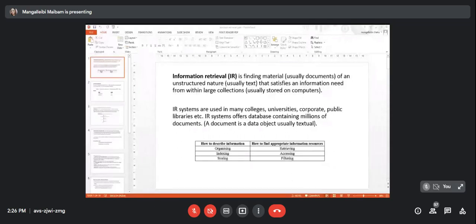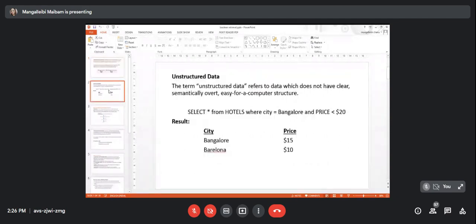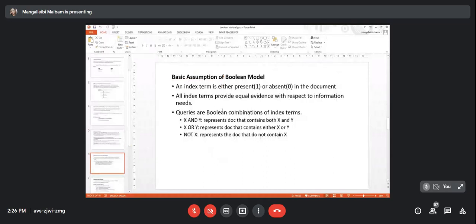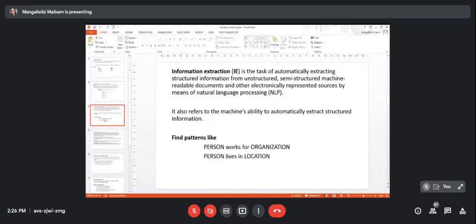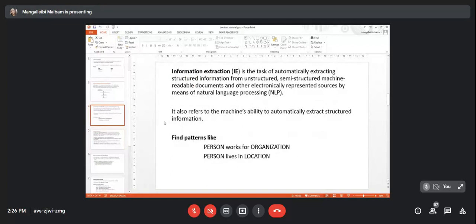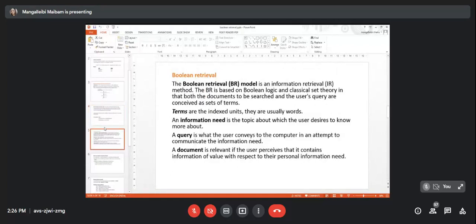These things I have already just explained: information retrieval and the description of information. Up to this I have explained. Now you see Boolean retrieval.